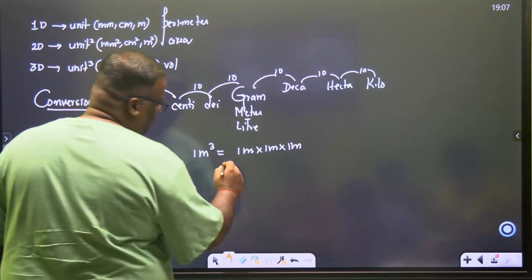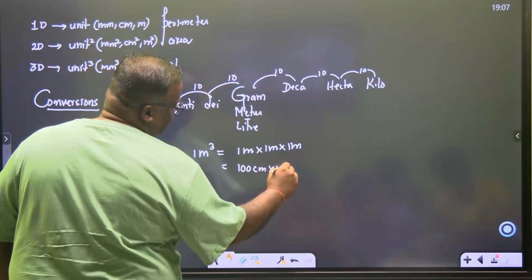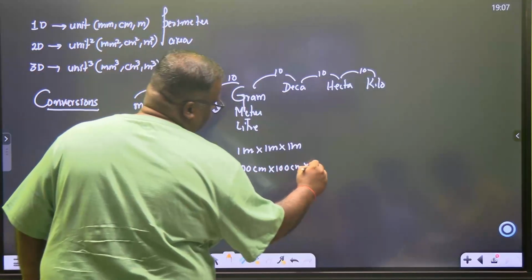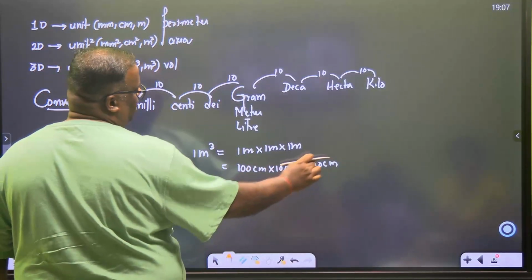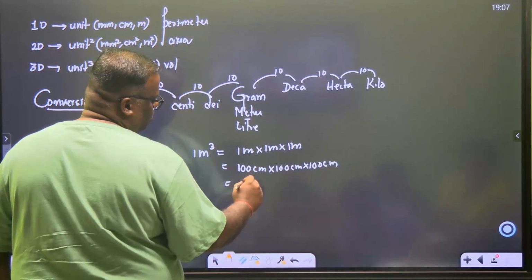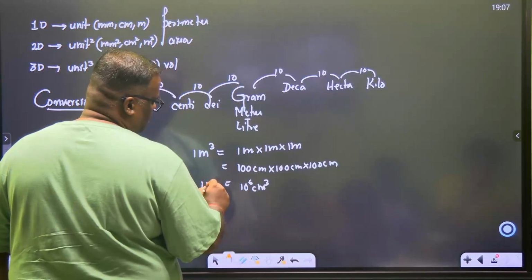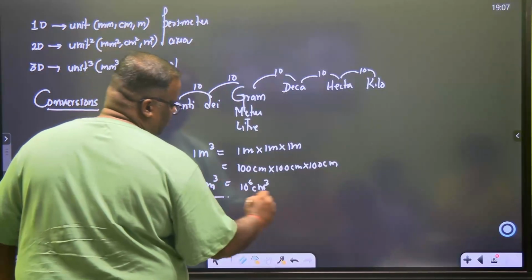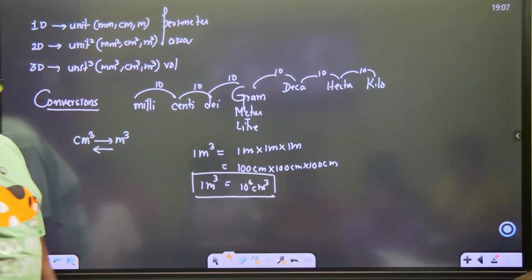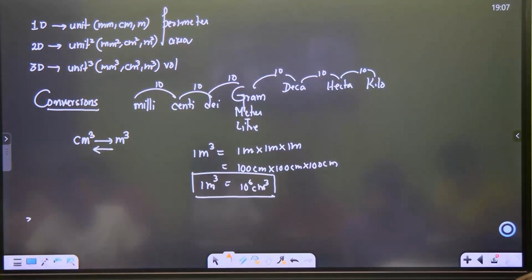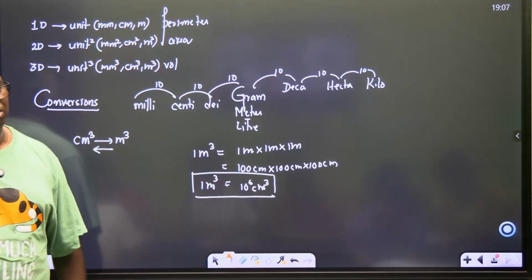Every such meter I can write as 100 centimeter, 100 centimeter, and 100 centimeter, which means I get 100, 100, 100. So it will be 10 to the power 6 centimeter cube. So 1 meter cube is 10 to the power 6 centimeter cube. If you forget in an exam, 1 centimeter cube should be 1 by 10 to the power 6 meter cube.